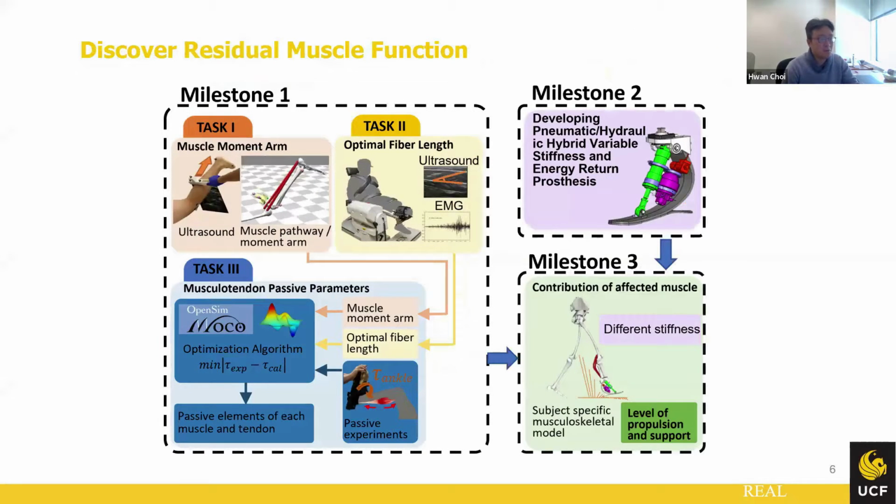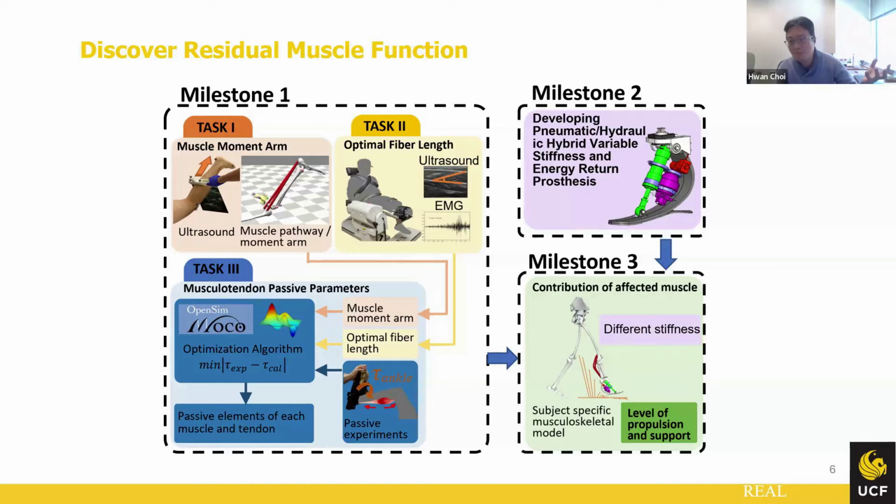In order to figure out the function of the residual muscle, we need to do these steps. As you can see, milestone 1 is to figure out the characteristics of the residual muscle. And milestone 2 is to develop an assistive device that provides different tuning parameters, because ultimately we want to use the musculoskeletal model and the assistive device to modulate the function of the residual muscle.